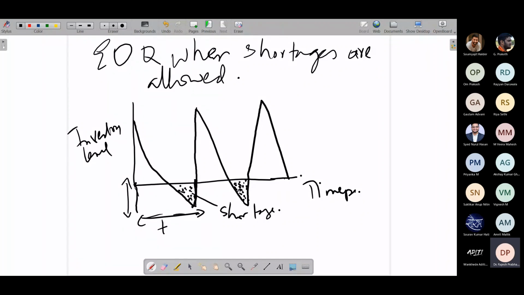So this is the situation where shortages are allowed. When you have shortage cost allowed, the formula would be different.